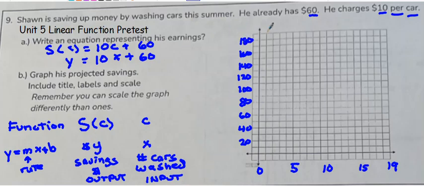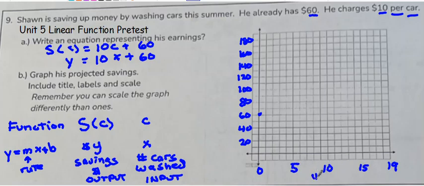So at the very beginning, on 0 months, he already has $60 in the bank. So at 0, we would put our first point at 60. And every car, now these don't represent months. These represent number of cars.